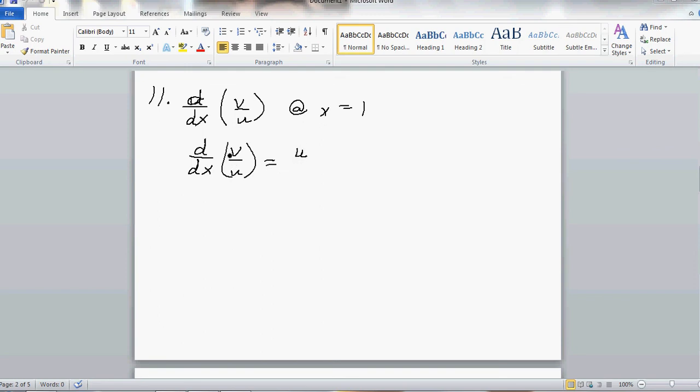Well, what is the derivative of v? It's v prime, plain and simple. Minus high, which is v, d ho, the derivative of the denominator, which is u prime, all over ho ho, or u squared.